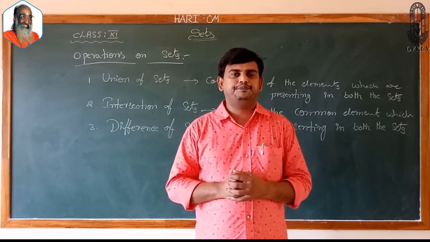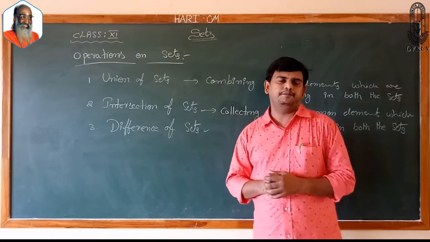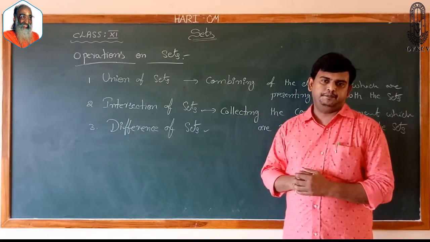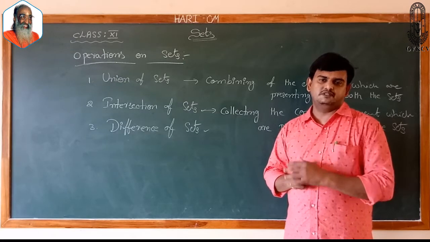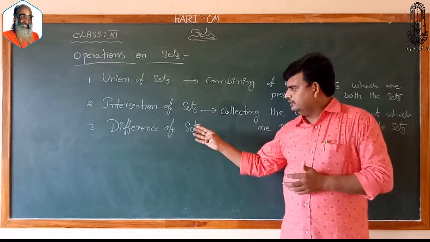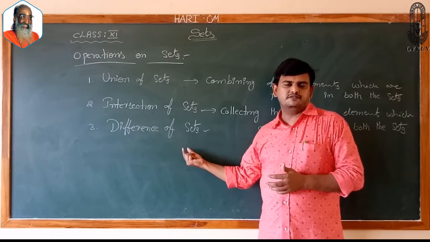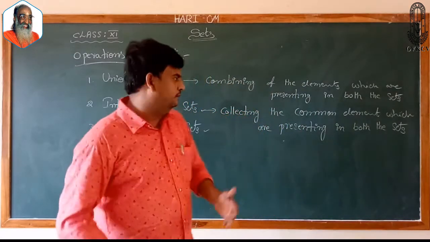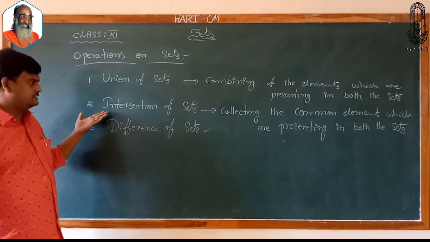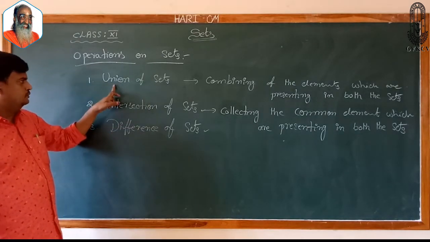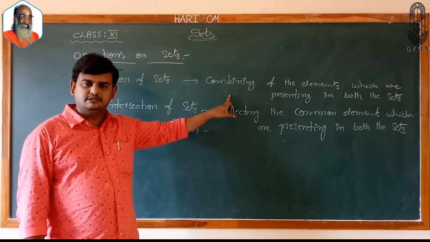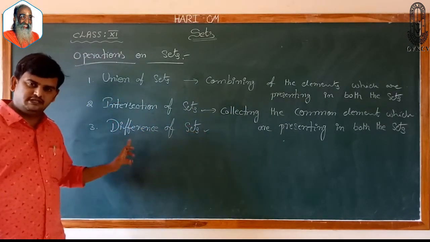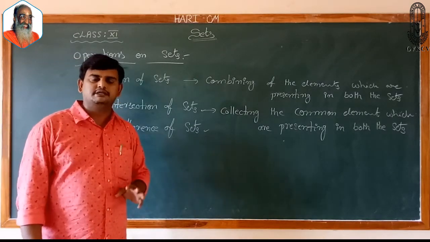After eliminating, whatever elements are left over in the first set is called the difference of the sets. You may have some confusion about difference of sets; by seeing a few examples, we can get a very clear idea. So: union of sets, combining all the elements; intersection of sets, collecting the common elements; difference of sets, subtracting the common elements.